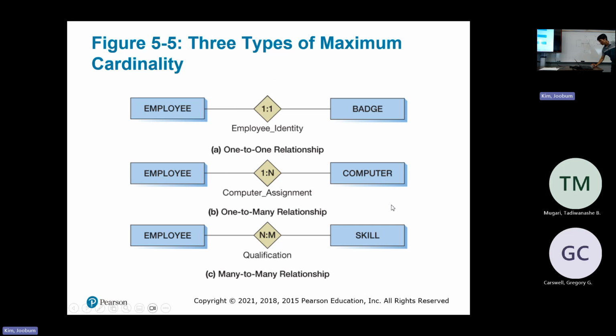Okay, so employee and badge, one and one, one to one. This is a one to one, two entities, the binary relationship. Make sense? Okay, one to n, one to m is a one to many binary. N to m or m to n is a many to many binary relationship.